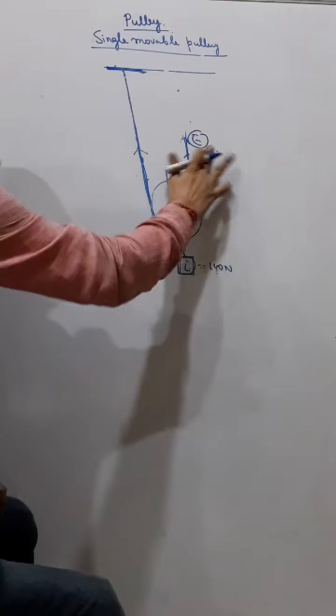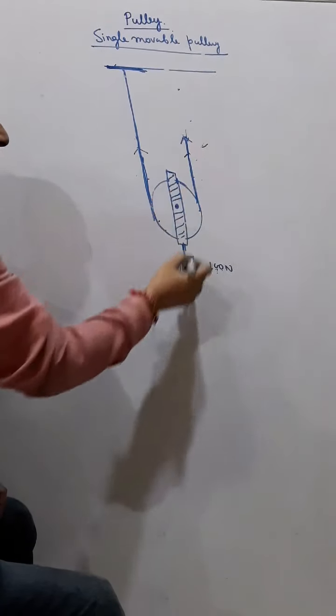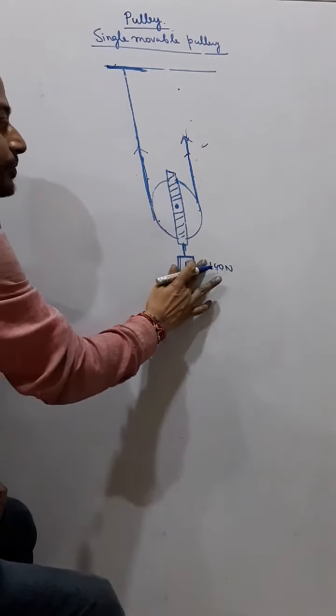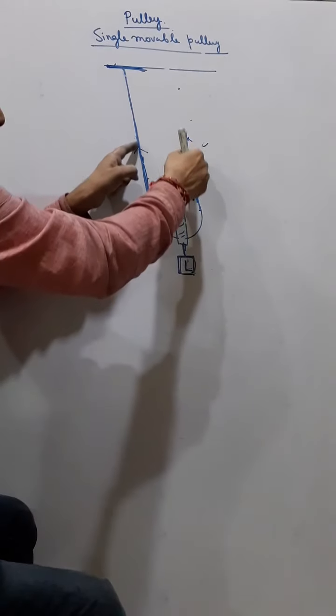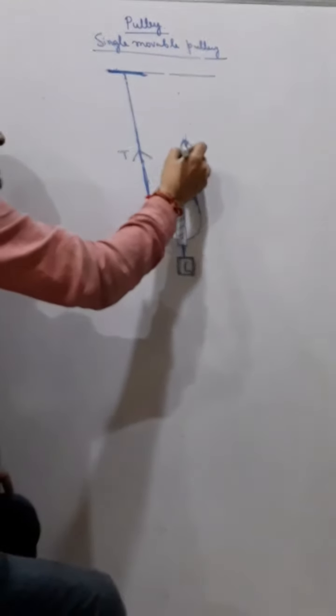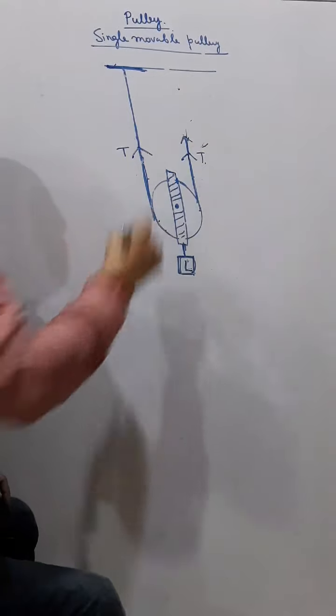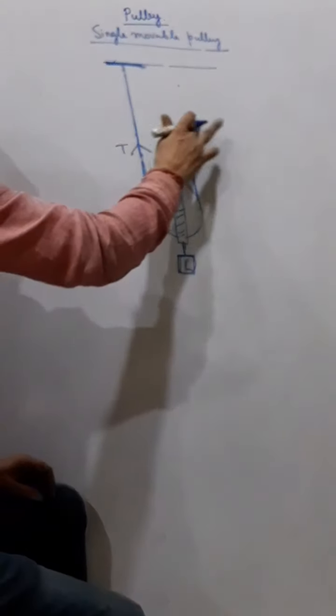Okay, now we will see without values. Due to this load, since the load is pulling both ropes downward, one tension will be produced here and an equal tension will be produced here. And this is our effort, we are pulling up.